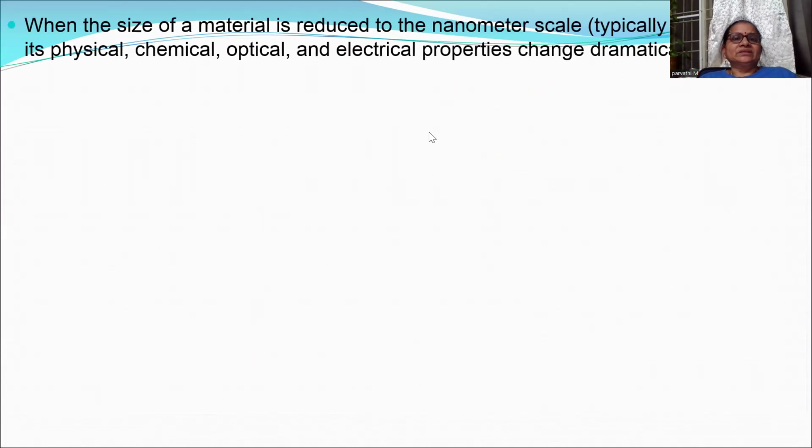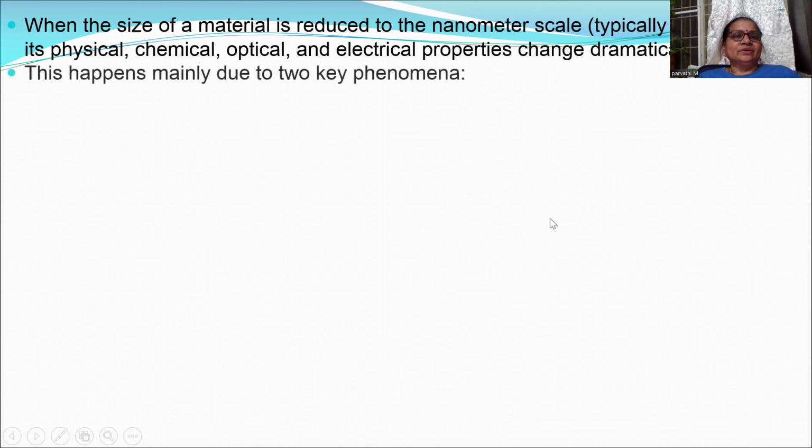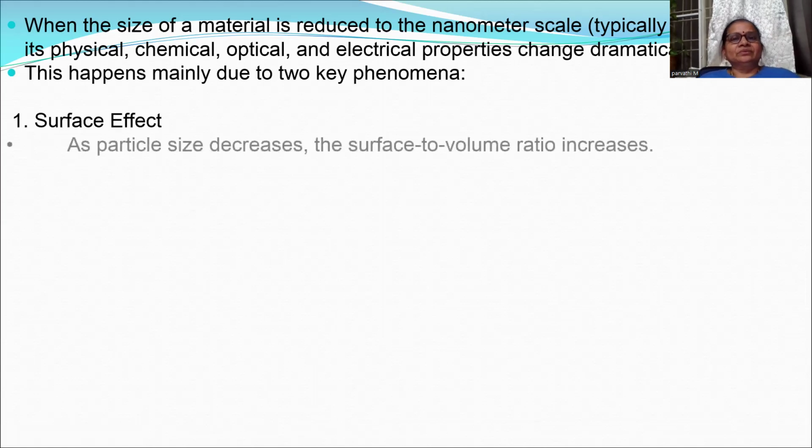Then when the size of the material is reduced to nano scale, typically less than 100 nano, its physical, chemical, optical, and electrical properties change dramatically. That's what we have seen in the previous slides. This is mainly happening because of two phenomena.